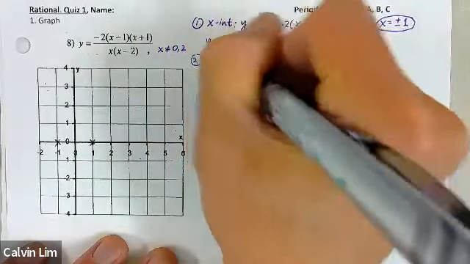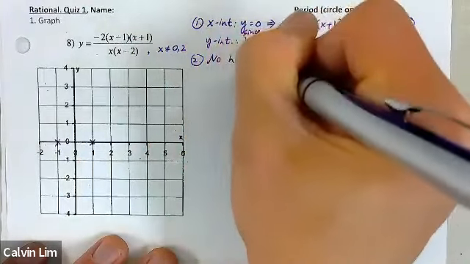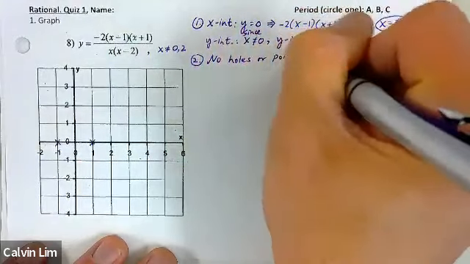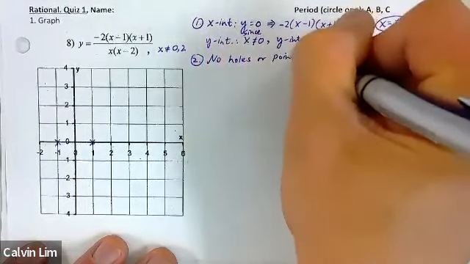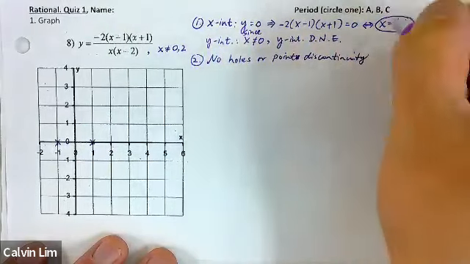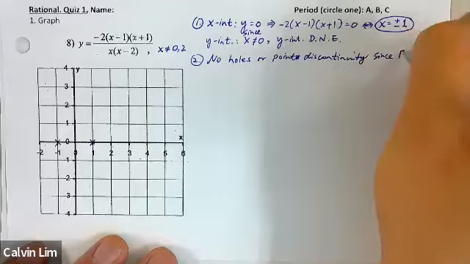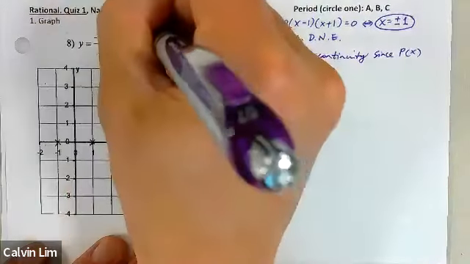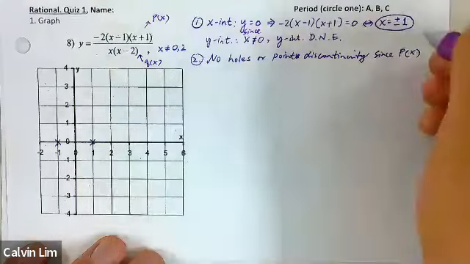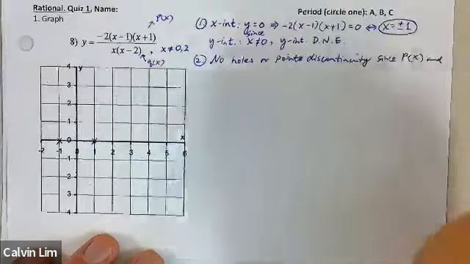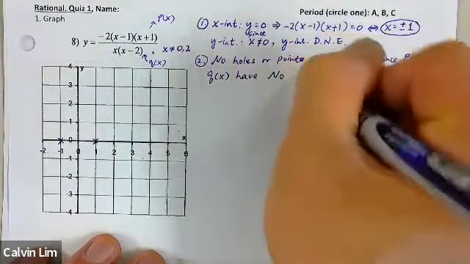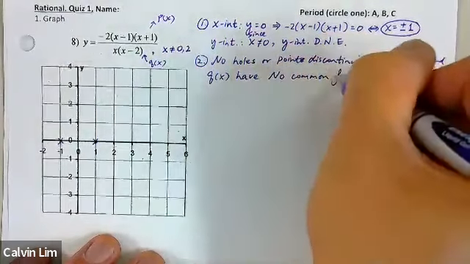So no hole or point discontinuity, since P of x, which I'm calling this P of x, and this Q of x, P of x and Q of x have no common factors.